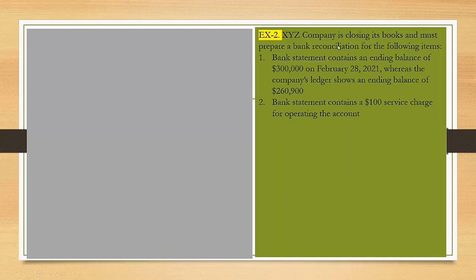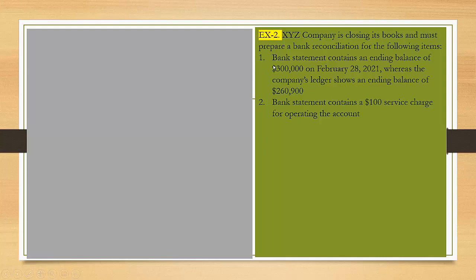The first one is that the bank statement contains an ending balance of $300,000 for the month of February 2021, whereas the company's ledger account shows an ending balance of $260,900.